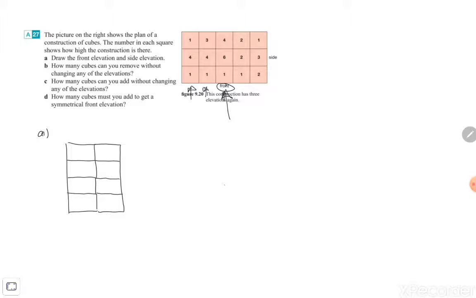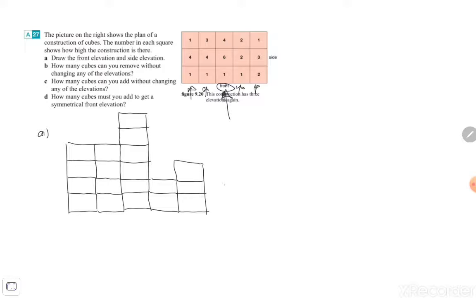Then in the middle row, the highest is 6, so just 2 squares higher. There you go. So that's 1, that's 2, 3, 4, 5, and 6. Next one, the highest one is 2, 1 and 2, and the last one is 3. There you go.